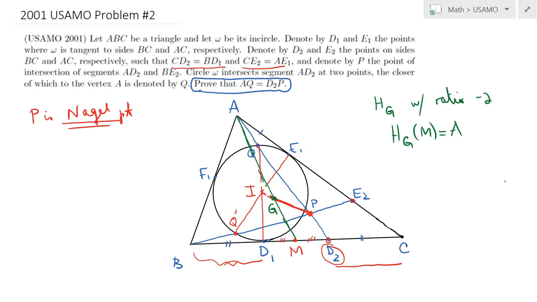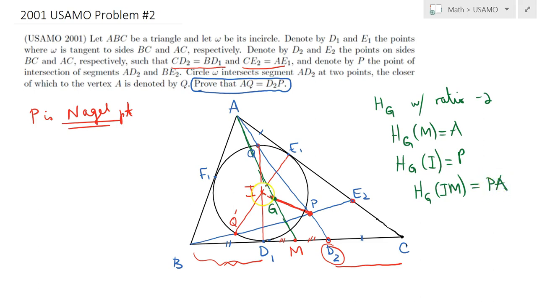AM is the median. But furthermore, it will also take the point I and carry it to the point P. As a result, this dilation will take IM to a parallel line segment, PA.